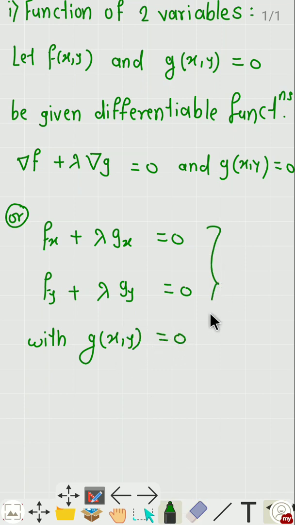So solve these equations for x, y and check the maxima and minima.